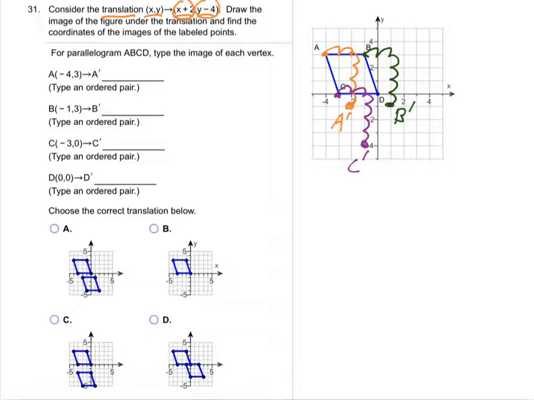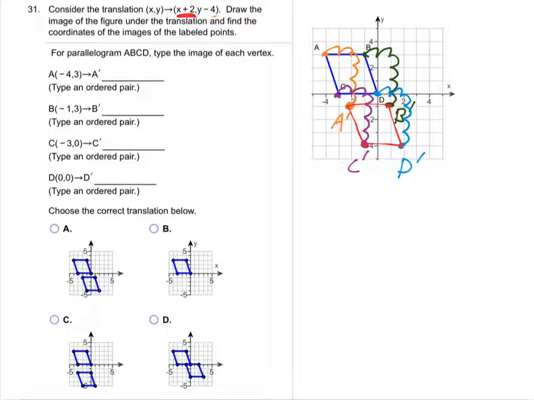There's the new C prime, and let's do the same thing with D. It's going to go 1, 2 to the right, 1, 2, 3, 4 down. There's D prime, so I didn't make that very nicely. And then connect up those 4 dots. There's the new shape.